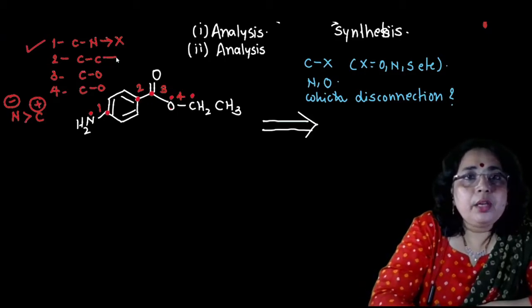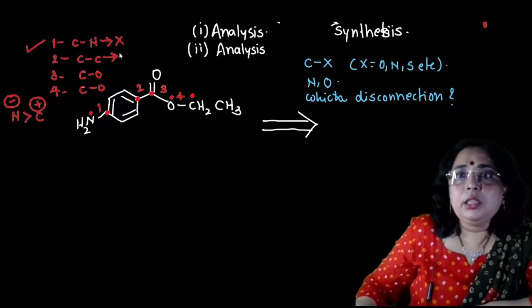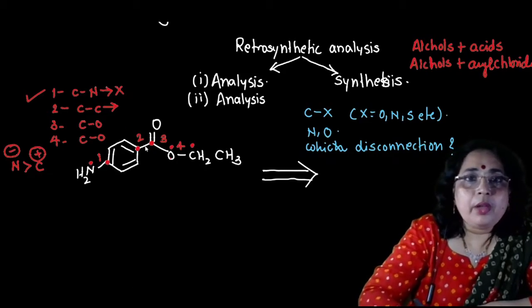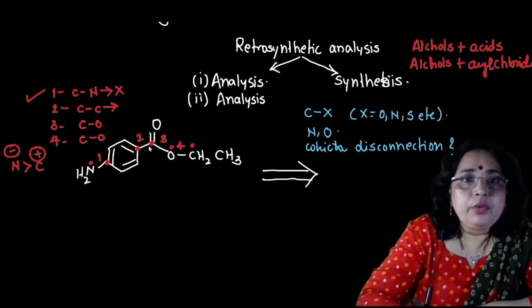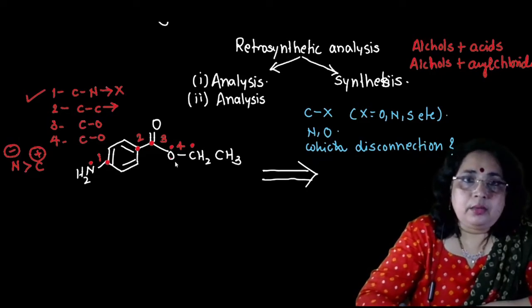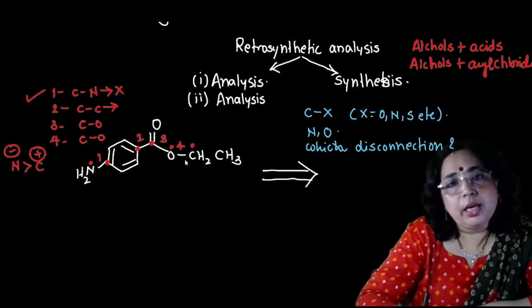Now let us move towards the second one. In the second one, are we getting the alcohols and acids over here? When we disconnect over here, we are getting the simple aniline and an ester. Another part is again an ester.